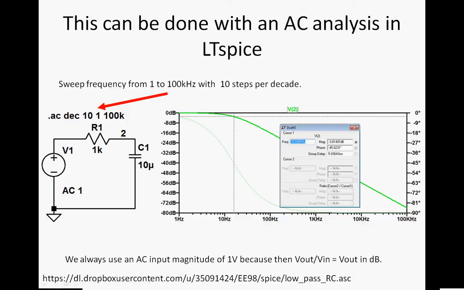You can always download this file, and when you run it and we measure the minus 3 dB point, it's 15.9 hertz. We always use an AC input magnitude of 1 volt because then V out over V in just becomes V out in dB, and you don't actually have to type in an equation to do it.